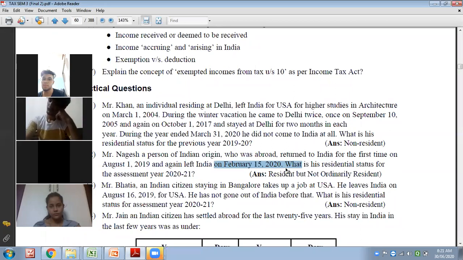Keep in mind, this is another type. Here the number of days will not be given in the question. You have to find out how many days the individual resided in India. He came during the previous year on 1st August and left on 15th Feb. This is his first visit, that is why for earlier years I wrote nil.